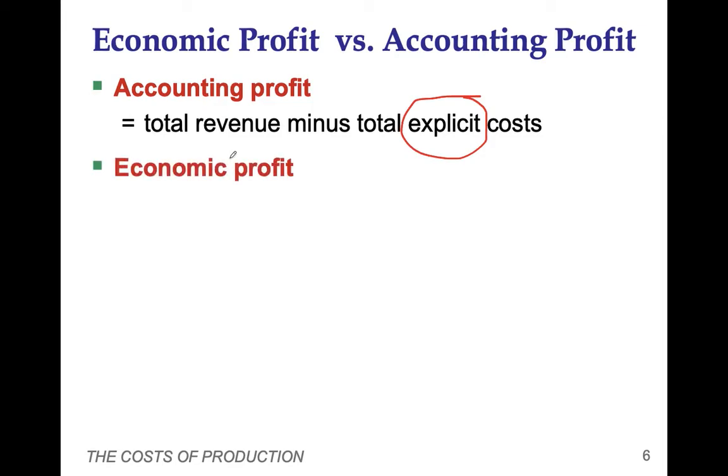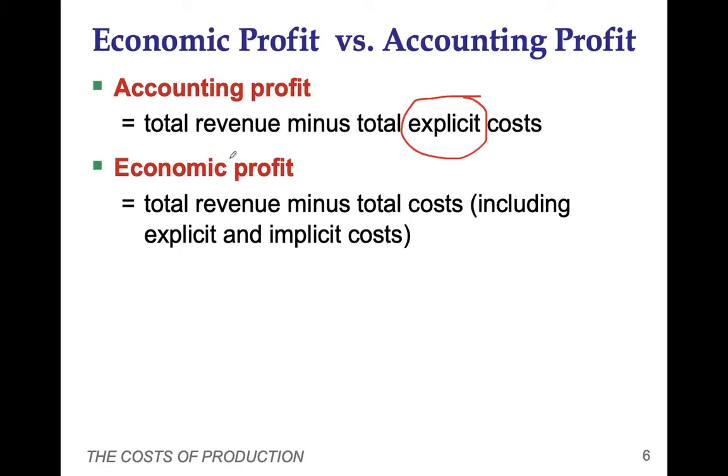But economists have a different view of these things. Economists do not only consider explicit costs, but they also include implicit costs in their calculation of the firm's profit. So the firm's profit, according to economists, is total revenue minus total costs, including explicit and implicit costs.